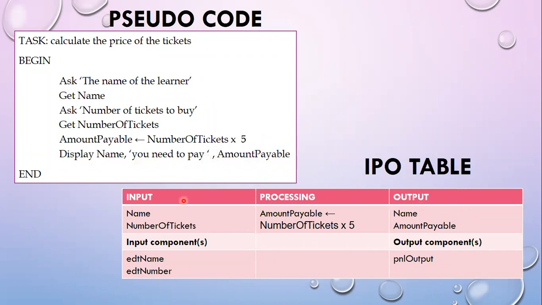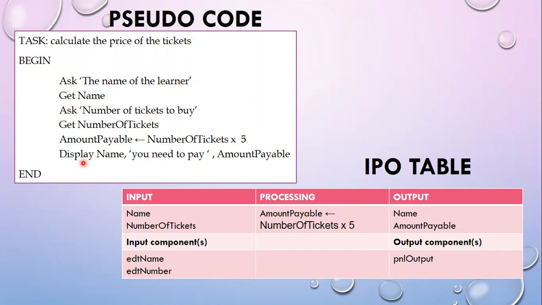Okay, so let's take a look here. My input here is name and number of tickets, and the components I would use are EDT name and EDT number. My process is number of tickets times 5, assign to my amount payable. My output is going to be to display the name, remember, display name.